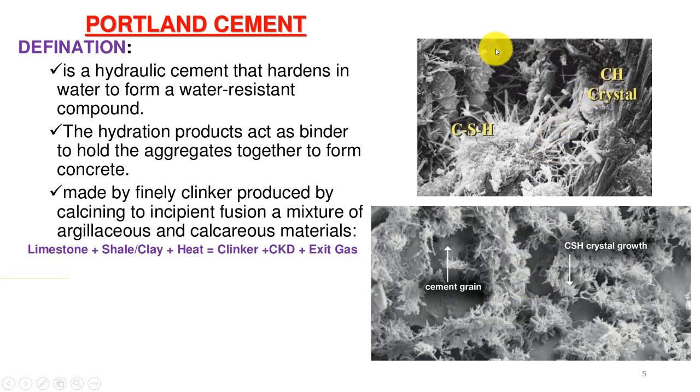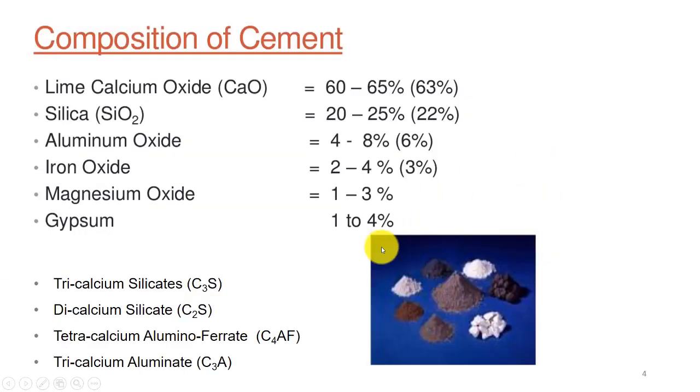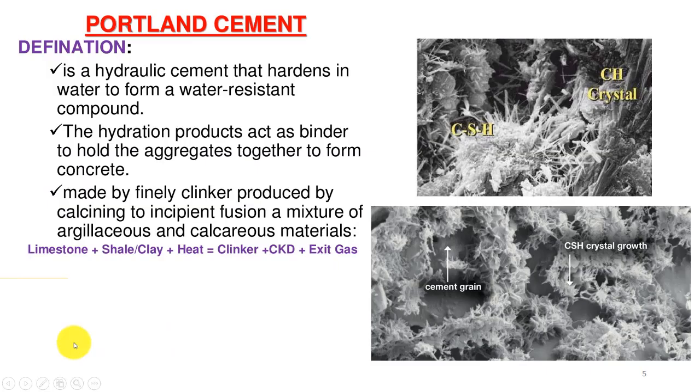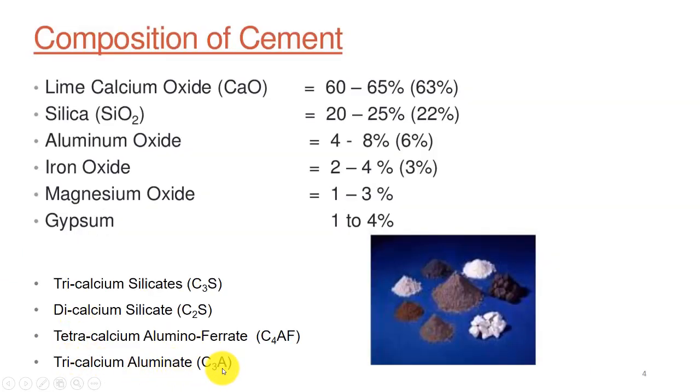So in this same image, you can see the hydration products very easily. I was talking about last two hydration products, which are tricalcium aluminate and tetracalcium aluminum ferrite. So tricalcium aluminate imparts the early setting of a cement.